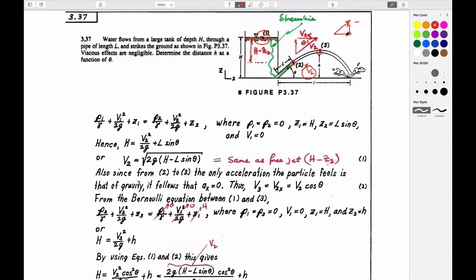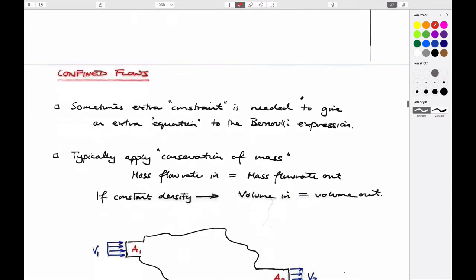And the horizontal distance is given by the time taken to come out of this orifice to hit the ground, multiplied by the horizontal velocity of this system. So we can use those to calculate how far it would go, how long it would take to reach its peak, how long it would take to reach the ground, just from knowing something about the exit velocity and knowing that that won't change as it comes out of the system in each of these two components. So we can use that.